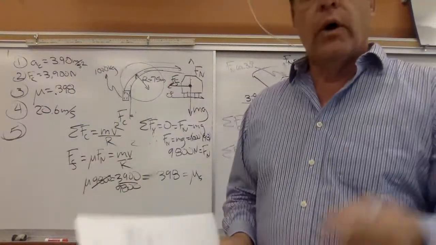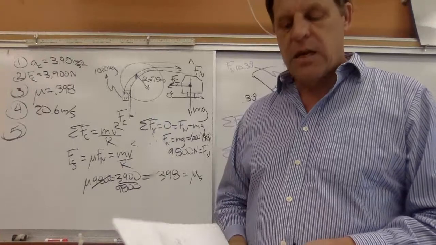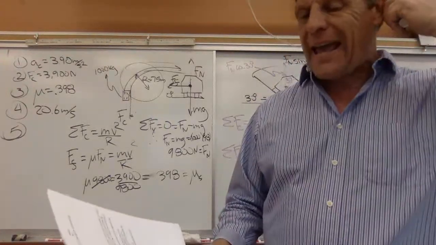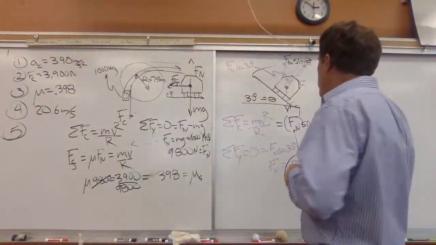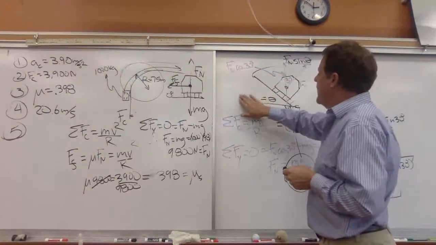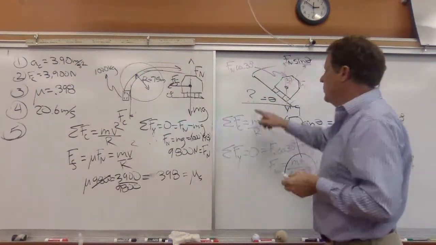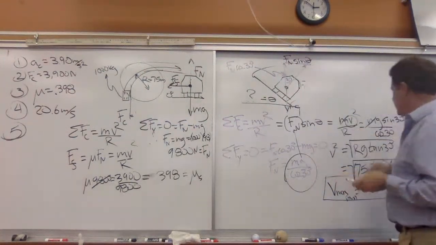All right. Now, what if the car is going only 10 meters per second? What would that angle be? So remember, we're not going as fast, right? So then this angle right there would be unknown. But now we would know the velocity.